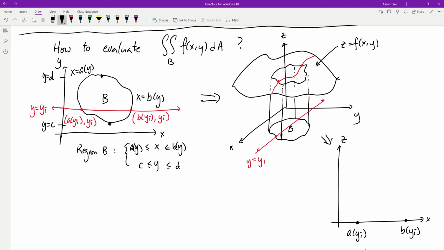That corresponds to the 2 points on region B, and they go in the x direction. And there will be some kind of curve corresponding to this surface between those 2 points. So that would actually be this picture right here.